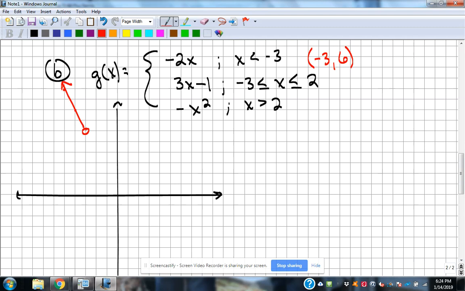Okay? So I'm going to plug in -3 into the second piece, and I'm going to get the ordered pair. And I'm going to plug in 2 into the second piece and get the ordered pair. Okay? If I plug in -3, -3 times 3 is -9, -1 is -10.